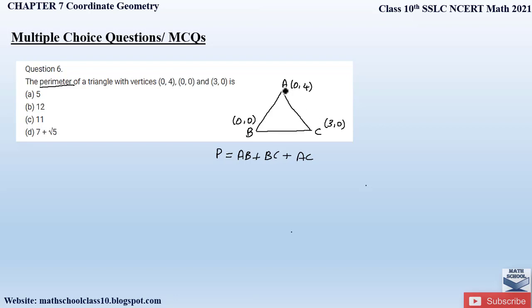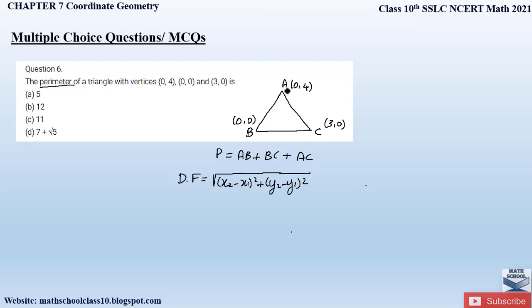So here again they have given us coordinates of point A, B and C in this triangle. So we will apply distance formula again to find out the length AB, BC and AC. Okay, so distance formula is given by what? Square root of x2 minus x1 the whole square plus y2 minus y1 the whole square.